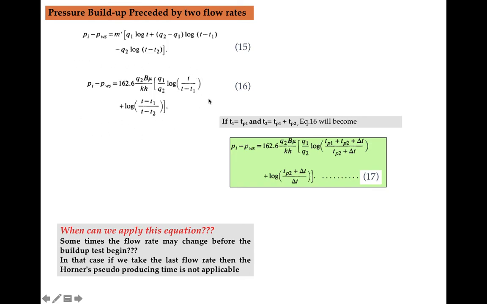So when do we need this? This is needed when the Q last duration is not double that of its preceding flow rate. Therefore, we have to consider the preceding flow rate also, right? So this is the applicability of pressure buildup preceded by 2 flow rates, right? If you have any doubts, any question based on this particular slide, you can approach me anytime, right? Okay.